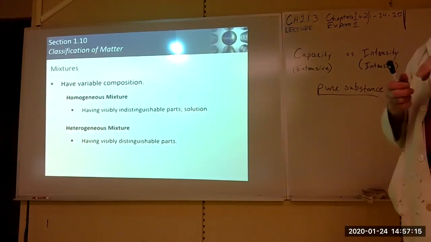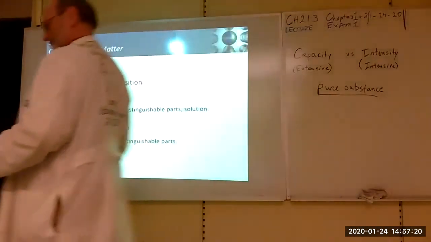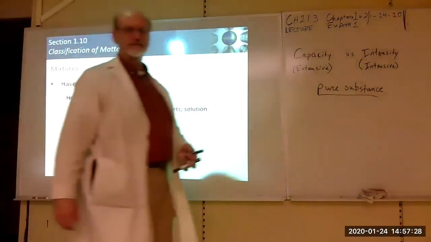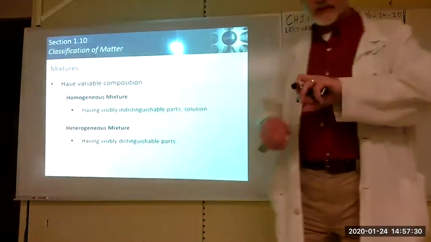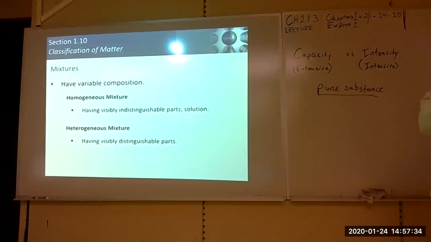But 14 divided by 24, what is that? 24 is pure, so 14 is 58%. Right? So this ring is 58% gold. No matter where I sample it, it's always going to be 58% gold. That's a homogeneous mixture.